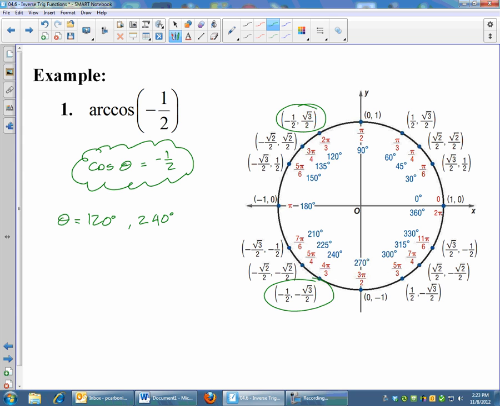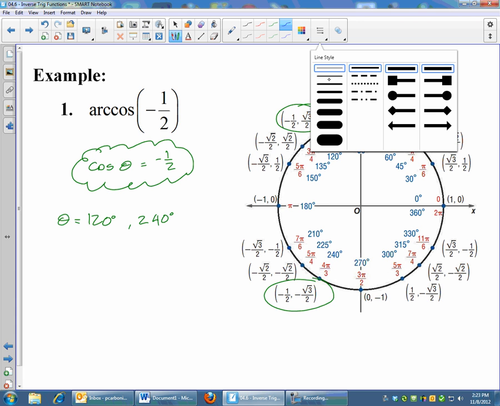Now, the two angles are the ones that show up on the unit circle. I could actually, if I really wanted to, come up with a whole bunch of other answers where my cosine is negative 1/2. The way we would do that is I would start at my angle, let's say right here at 2 pi over 3 or 120 degrees.